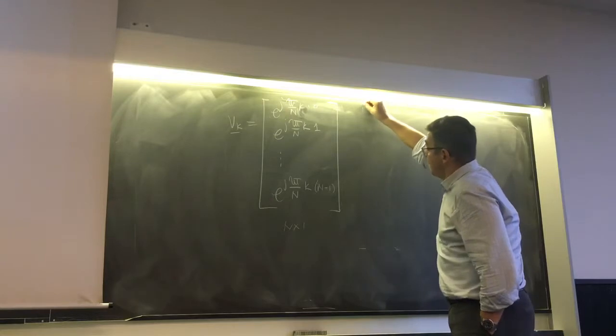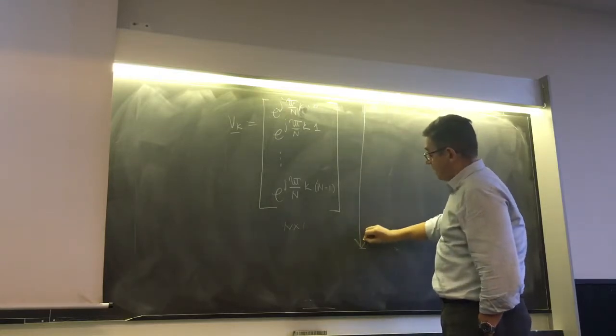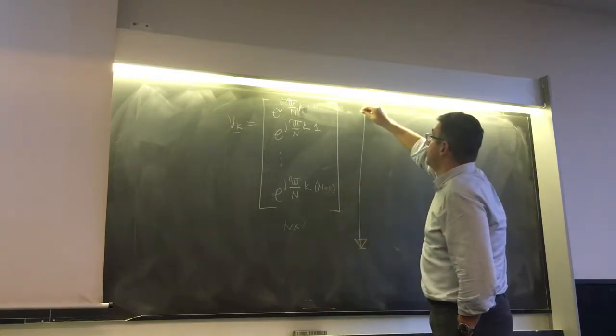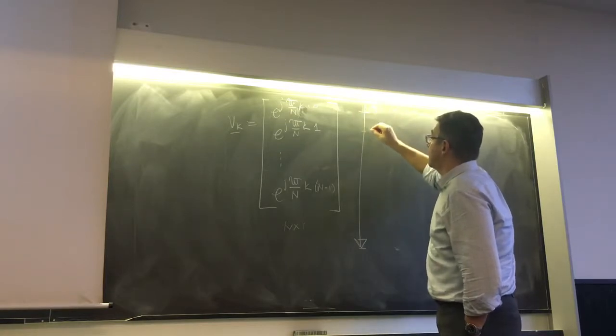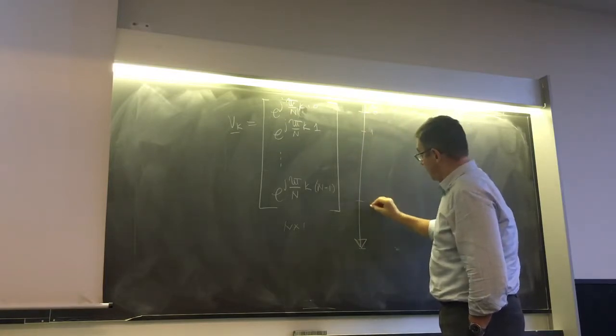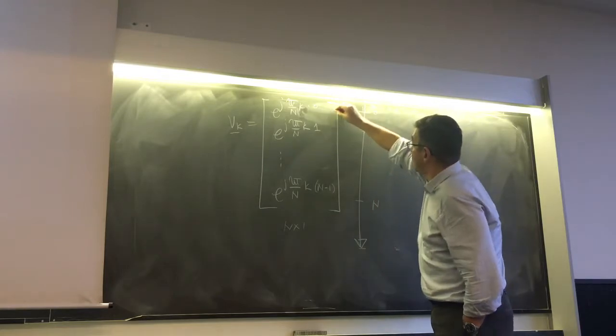If I put the time axis in this direction, this is sample 0, this is sample 1, and this is sample N, corresponding to that.